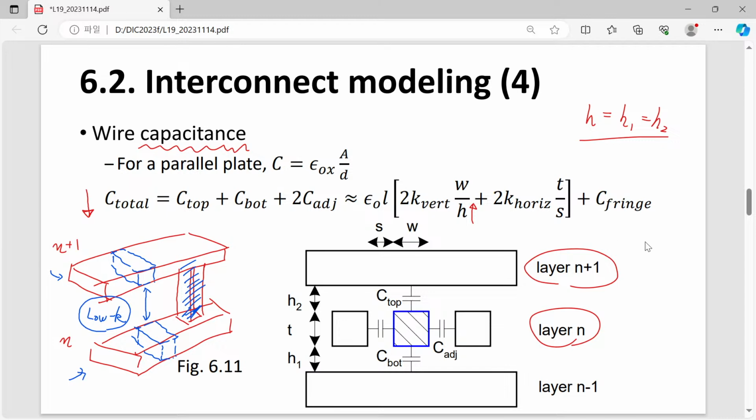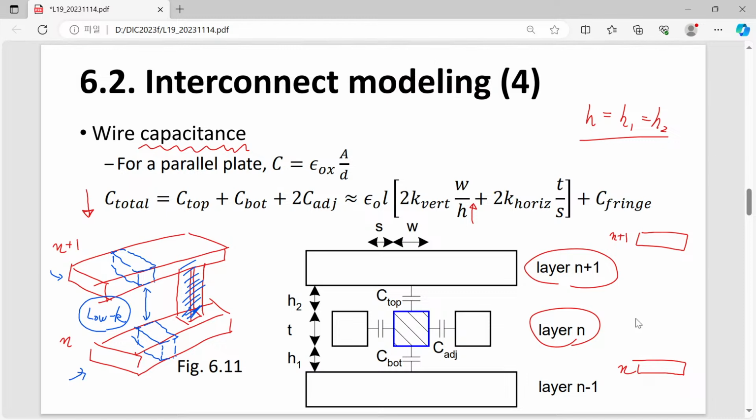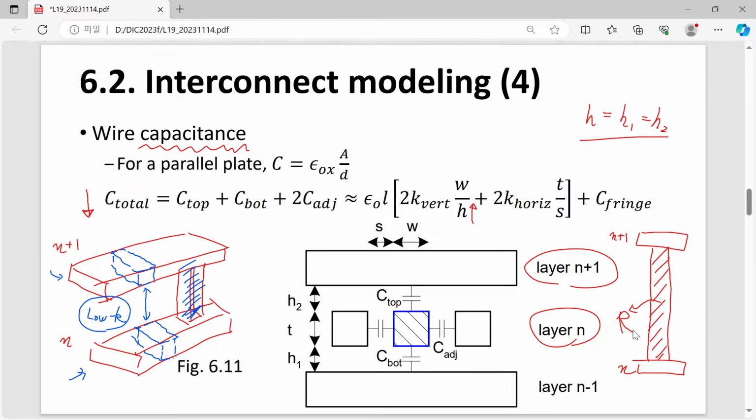If you introduce layer n and layer n plus 1 quite much separated, then we can effectively reduce the capacitance. On the other hand, the via between these two layers will introduce significantly larger resistance. That is not a good sign.